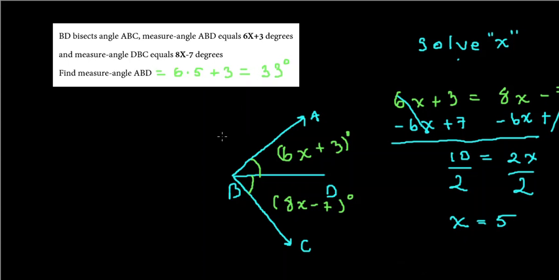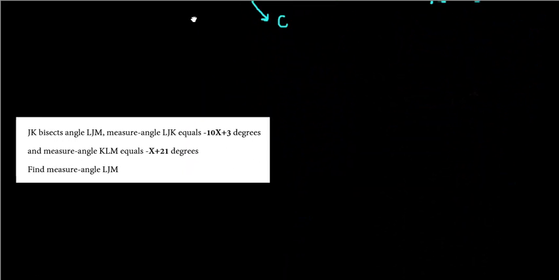Alright, now we have another example. JK bisects angle LJM. Like before, we're going to draw JK as a straight line. JK. Let me draw this a bit better. JK.